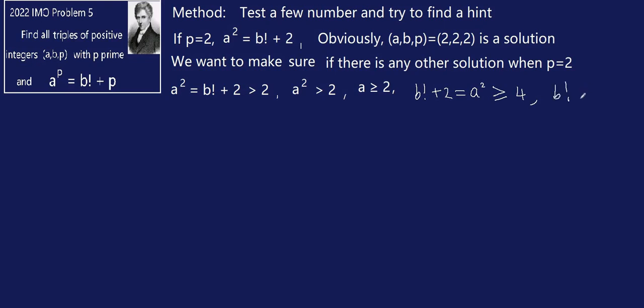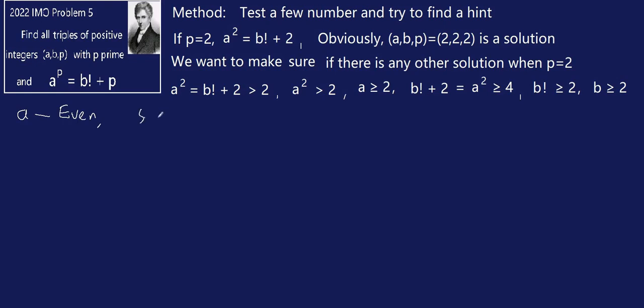So b factorial is greater than or equal to 2, and b is greater than or equal to 2. Now that b is at least 2, the right side is an even number. That means a must be even. We can set a equal to 2k, k an integer.